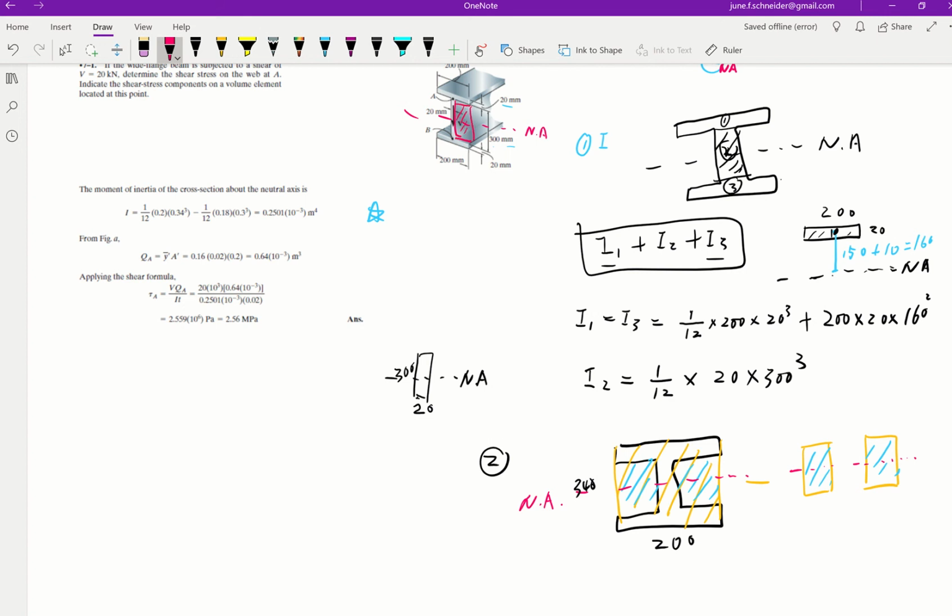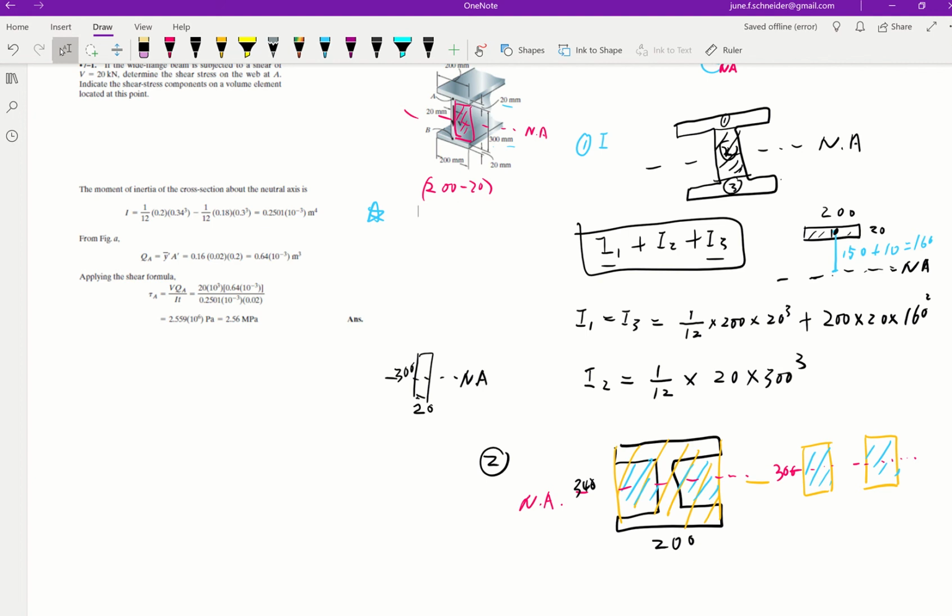The height is going to be 300, and then we figure out the width here. The entire width is 200, and this thickness is 20. So I'm going to use 200 minus 20. Then there are two rectangles here, so I can potentially divide by 2.